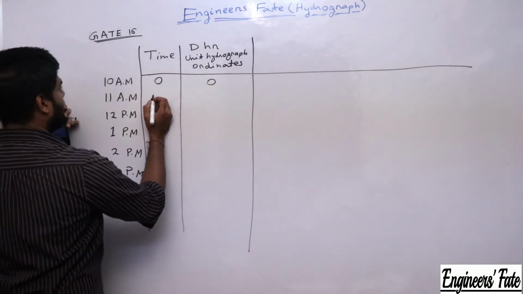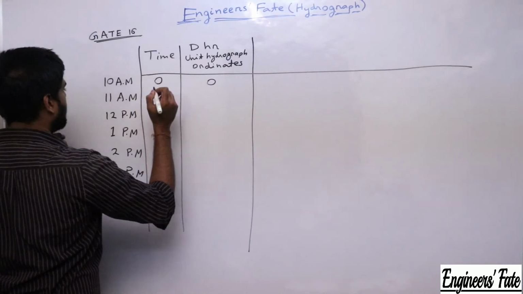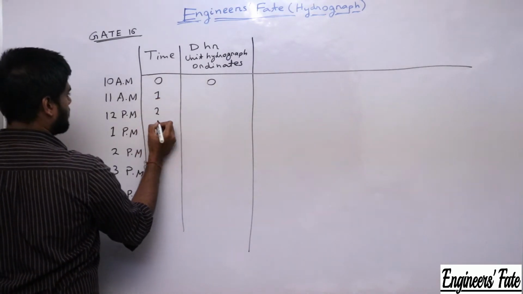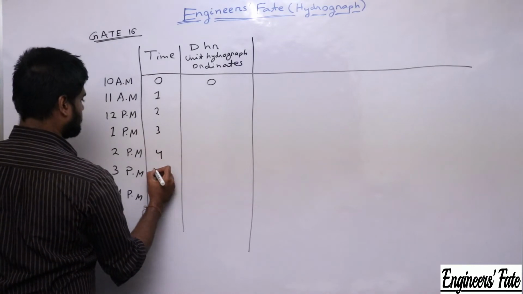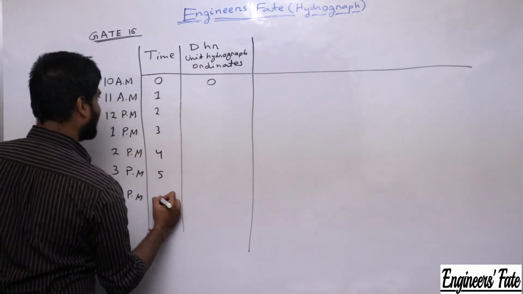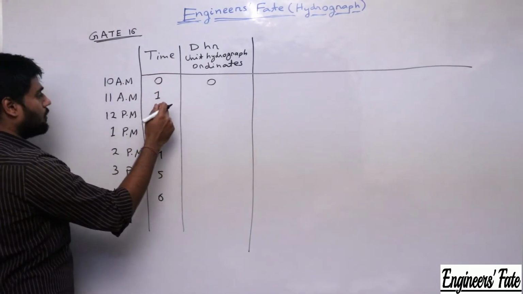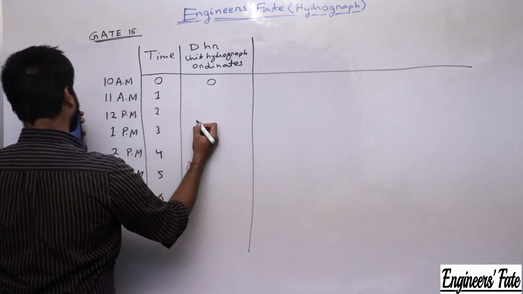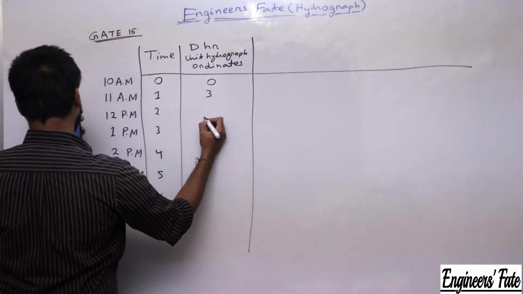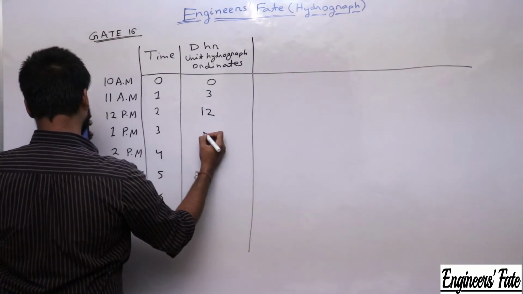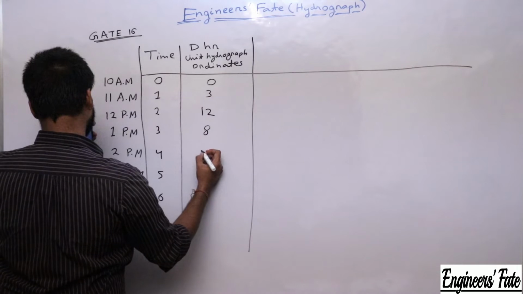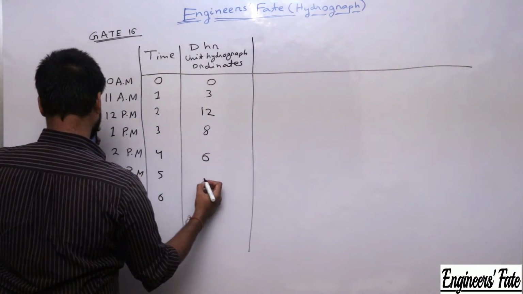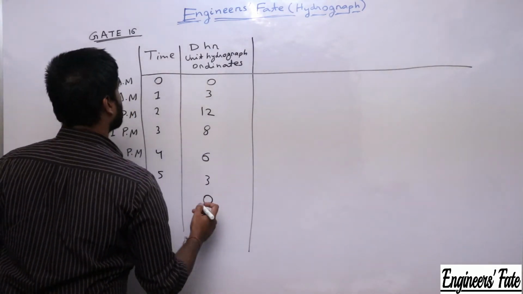And I can write the time at each 1 hour interval, as he has mentioned in the question. Each interval is of 1 hour, and corresponding to the time he has given the ordinates as 0, 3, 12, 8, 6, 3 and 0.